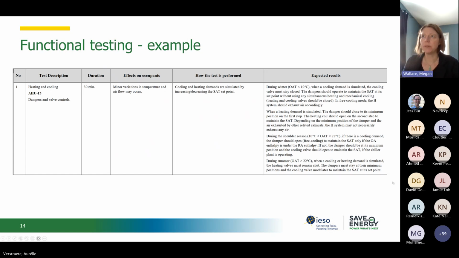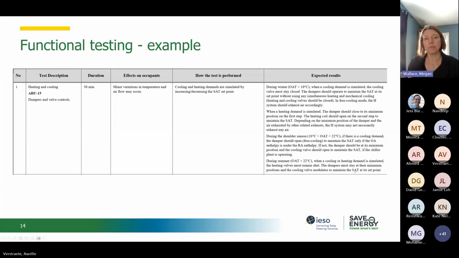Here's an example of a functional testing form. This one's for an air handling unit, in particular air handling 15, and it is to review the operation of the dampers and control valves. On this form, we indicate the description of the test, how long the test is going to take, and what kind of effect it's going to have on the occupants.